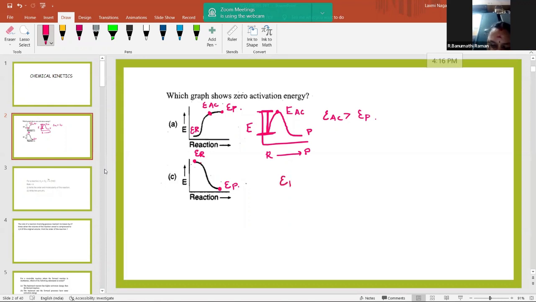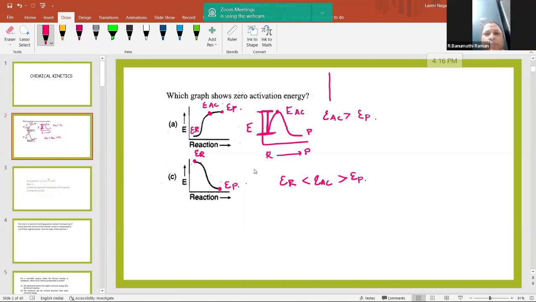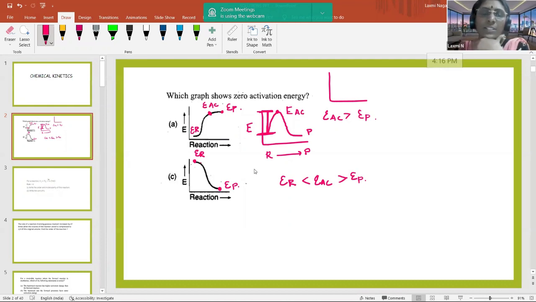So the energy of the reactants has to be lesser than the energy of the activated complex, which has to be greater than the energy of the products. This is how the relationship goes. There were two more projections given, as you can see, A and C. Option B was energy versus the state of reaction.